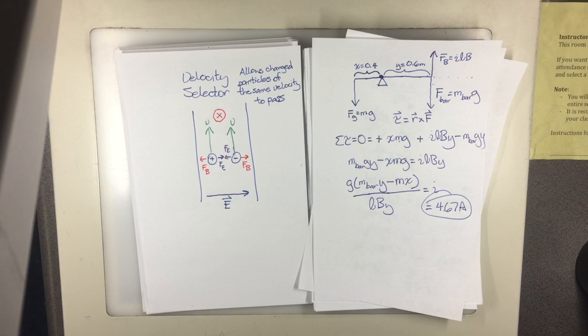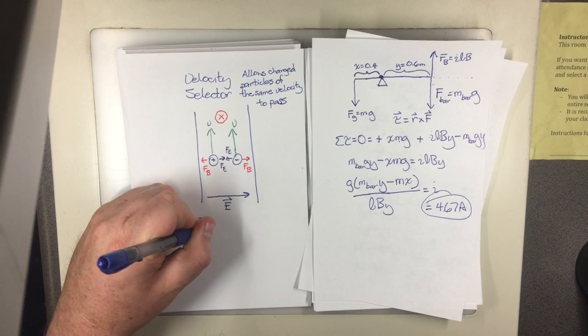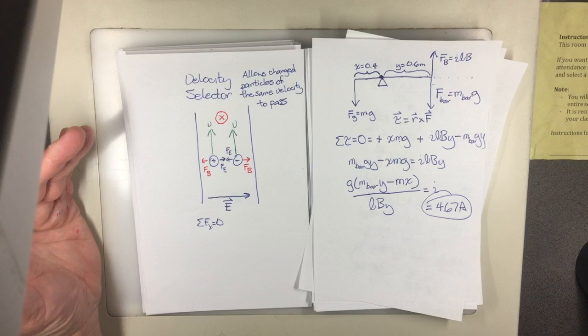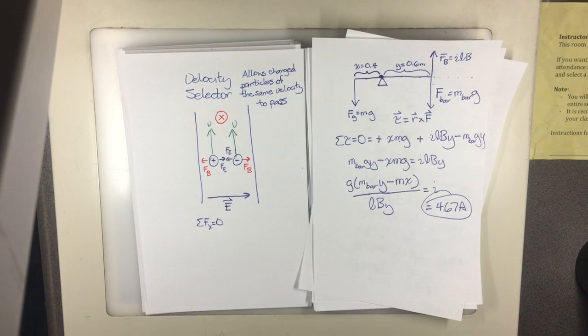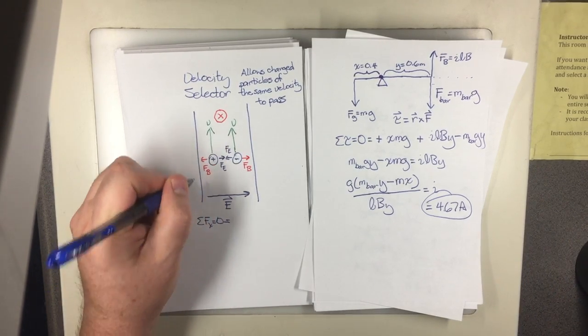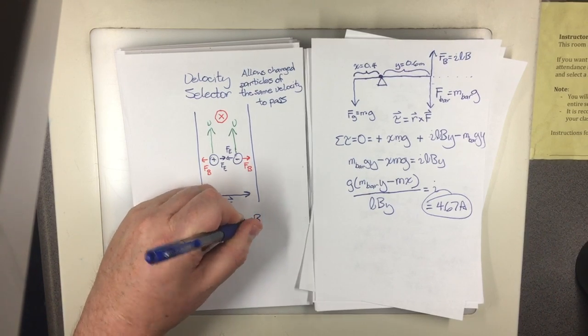So with a correct selection of E fields and B fields, you can tune it such that the sum of the forces in X is equal to 0. If the forces in X are equal to 0, the particle is not going to slam up to the left or to the right. For the positive particle, the magnetic force is to the left, QVB.